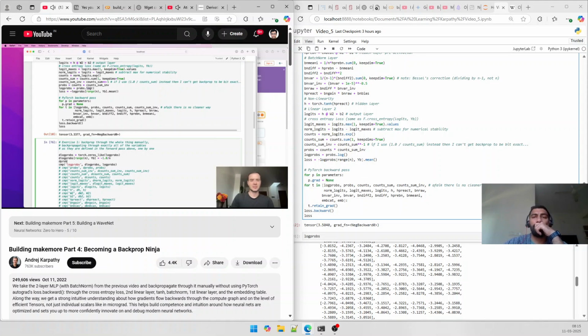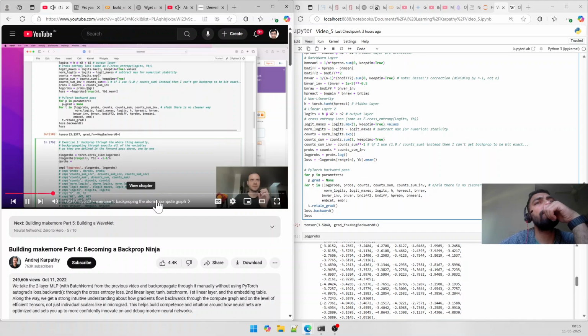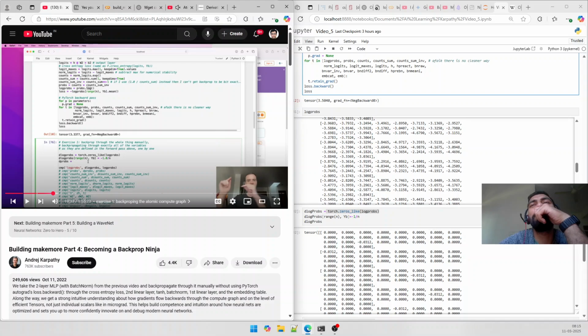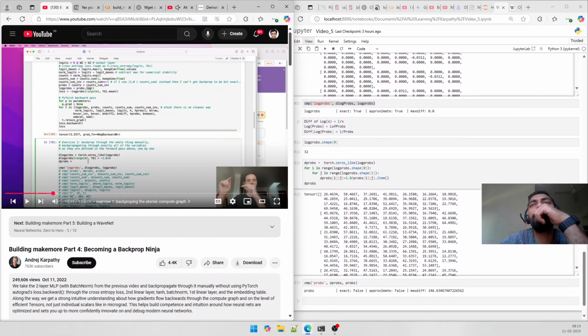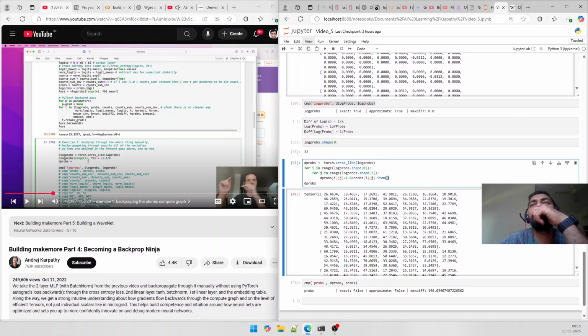Now, if we want d probs, then remember your micrograd training. We have a log node. It takes in probs and creates log probs. And d probs will be the local derivative of that individual operation, log, times the derivative. So this is the chain rule I told about.